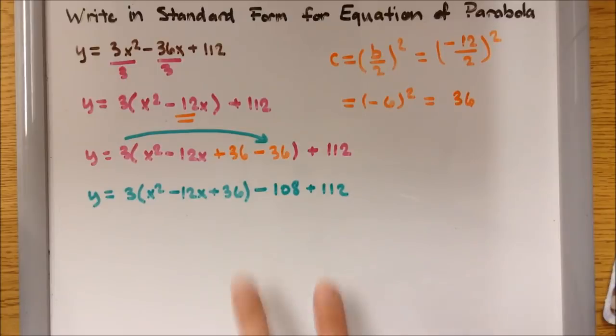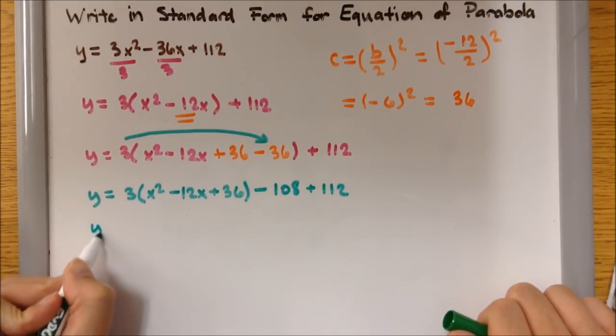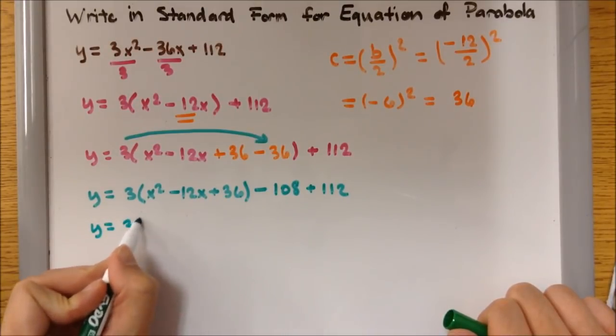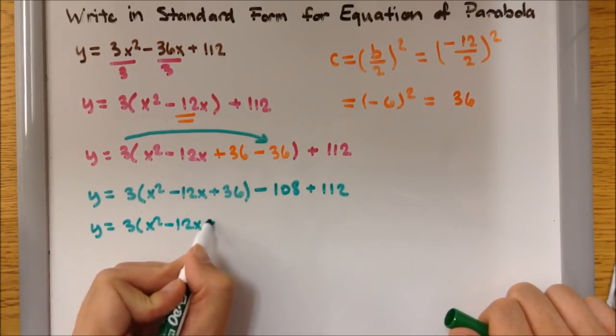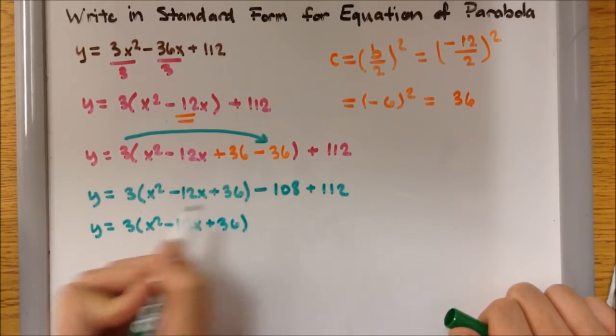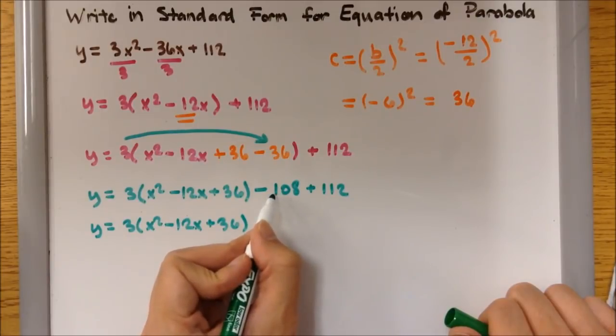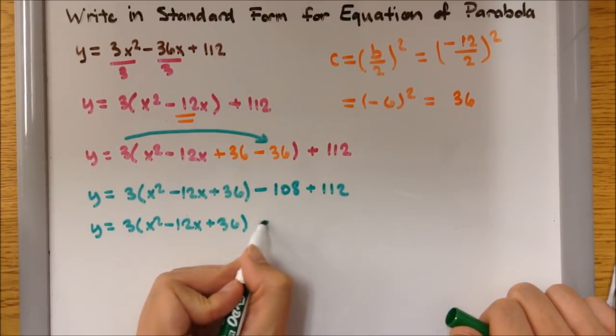Alright, so all I'm going to do is combine like terms for this one. Everything else will stay the same. Y equal 3 times x squared minus 12x plus 36. Negative 108 plus 112 will be a positive 4.